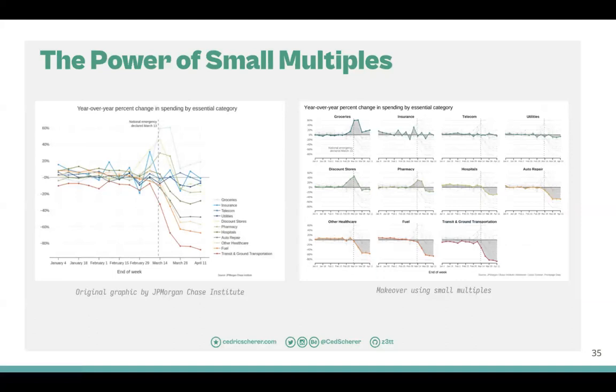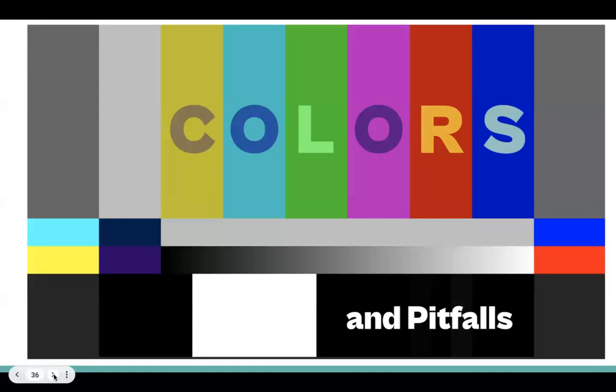Maybe sometimes increasing the number of graphs can actually help simplify the data. So it's a paradox, but it works. So that's another nuanced principle that you can keep in mind when you're making your own visualizations.